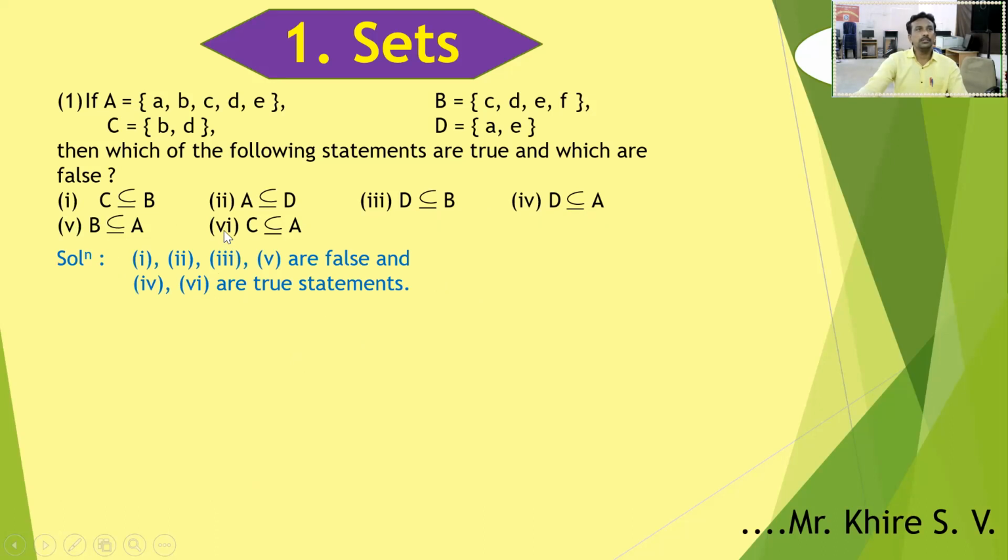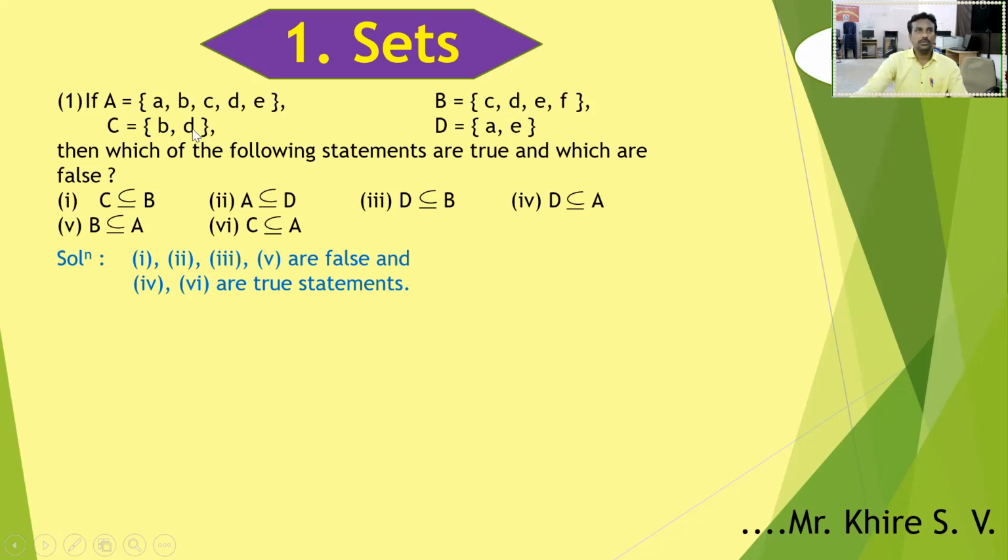Solution for this is, subset means the elements in the given set are in the next set. Suppose C is a subset of B, it is given. Now observe the elements in set C. In set C there are B and D. These two elements are there. Check whether these two elements are in set B or not.